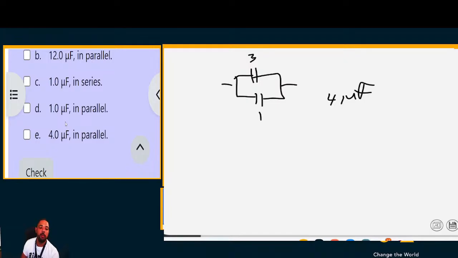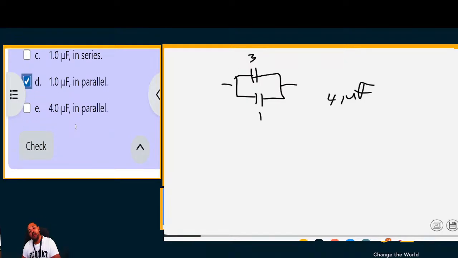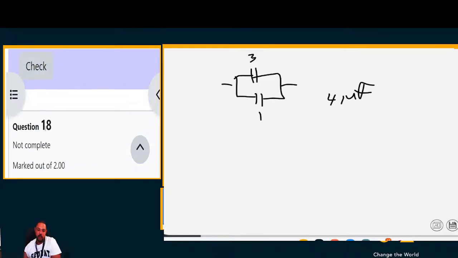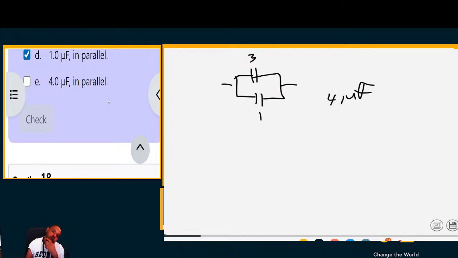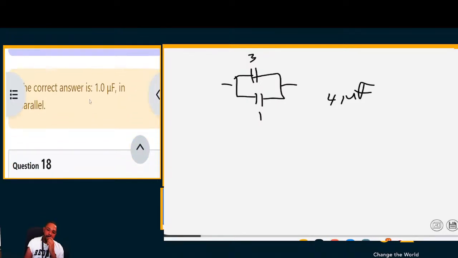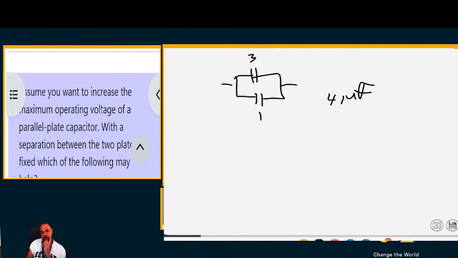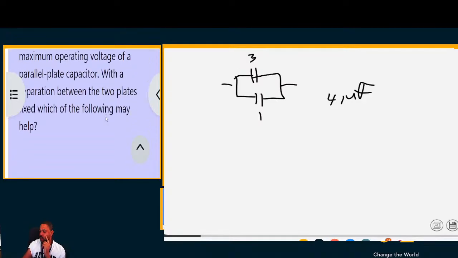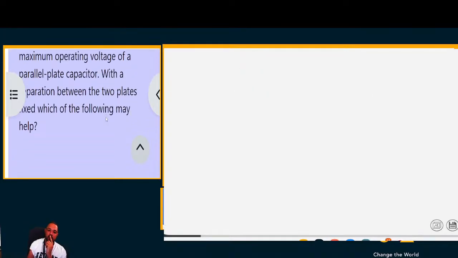So option number D is correct. If we add 4 microfarads in parallel, we have 7. The correct answer is 1 microfarad in parallel. They just want to see if you know how to add capacitance.